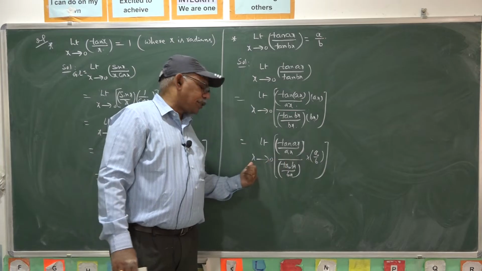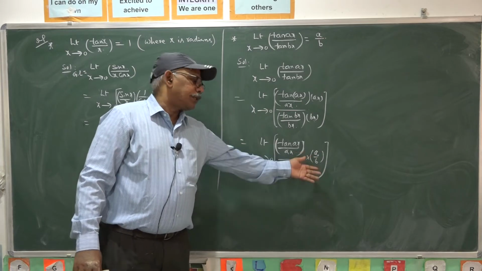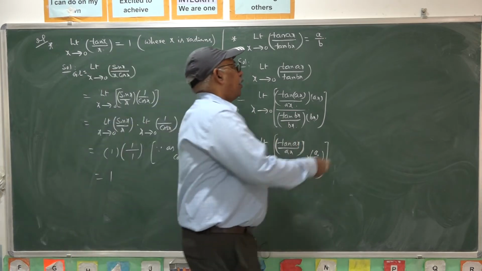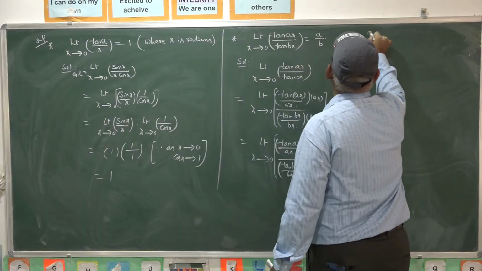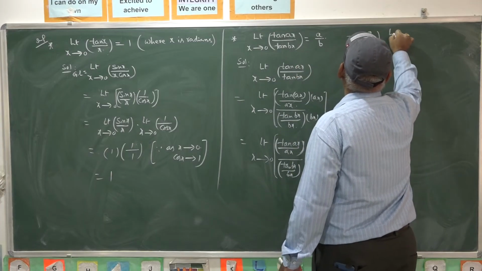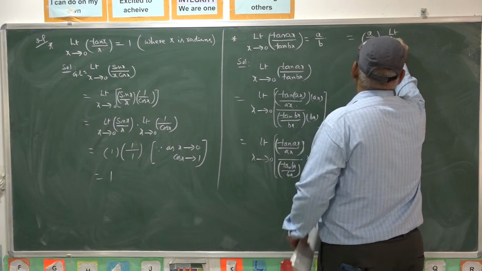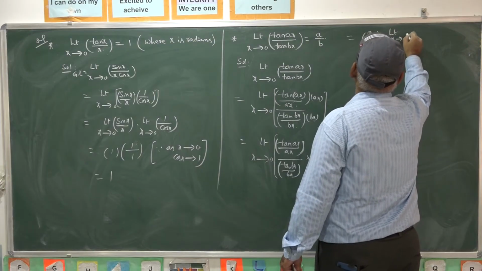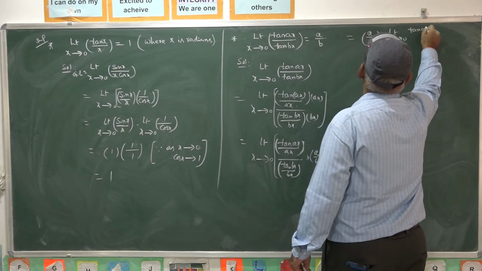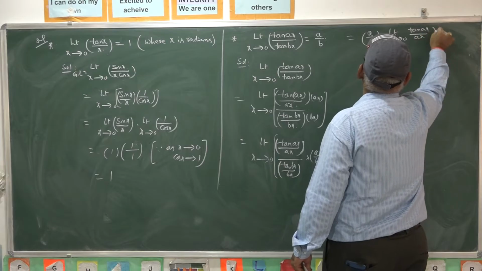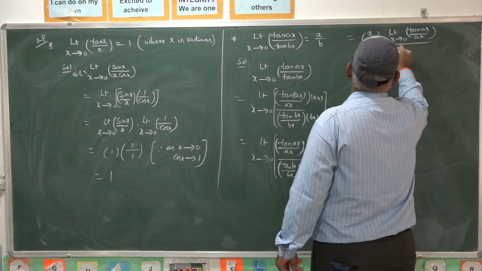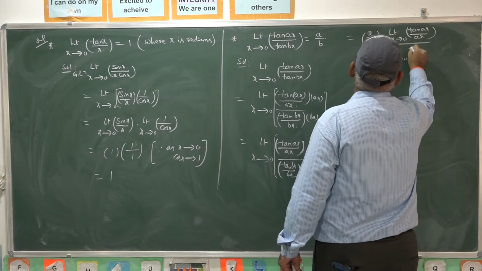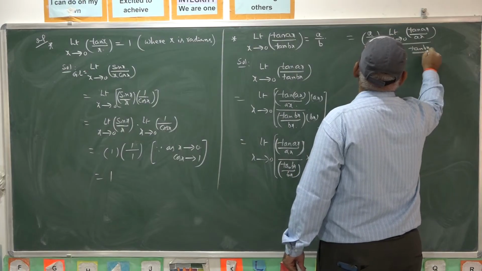It does not depend on x. So you can take it out of the limit and write the limit as a by b into, applying the limit to the numerator as well as the denominator, limit as x goes to 0 tan ax by ax by limit as x goes to 0 tan bx by bx.